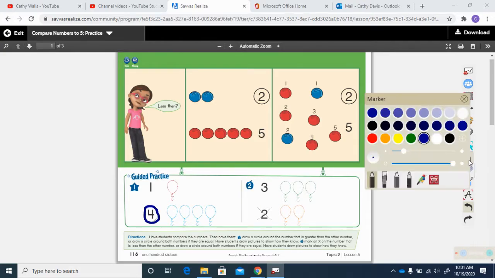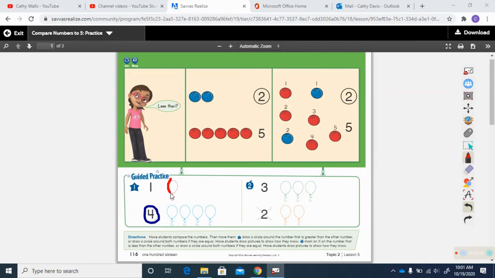Now, it wants us to tell how we know 1 is less than 4, how we know 4 is greater than 1. So we are going to draw pictures. I changed to red, and I'm going to draw 1 red balloon for number 1, because there's only 1.